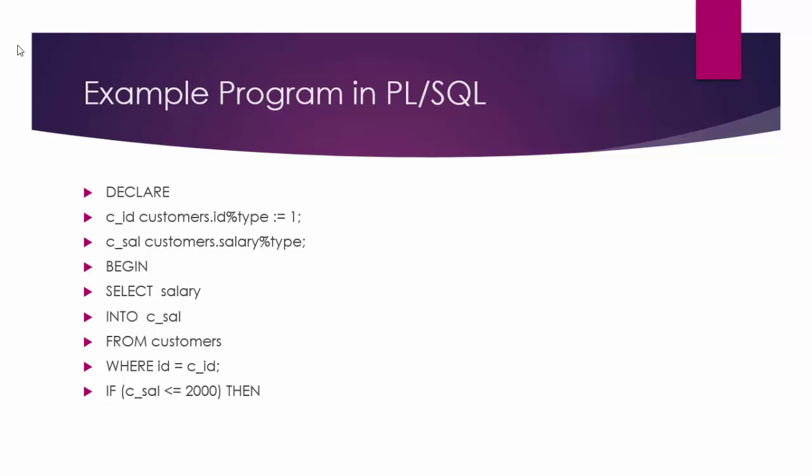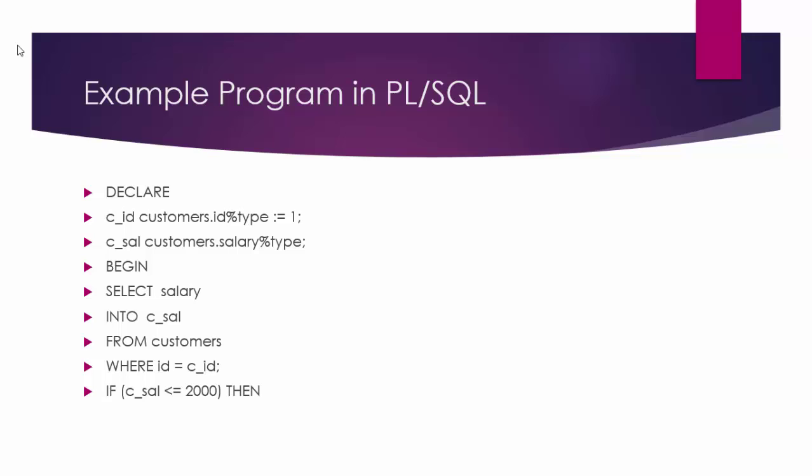Let's see another example. Now this example you might encounter while you are writing code for whatever purposes. Declare c_id, that is customer ID, as 1 and c_salary as customers.salary%TYPE. Now customers.salary%TYPE actually denotes the data type of column salary which is in the customers table, right?